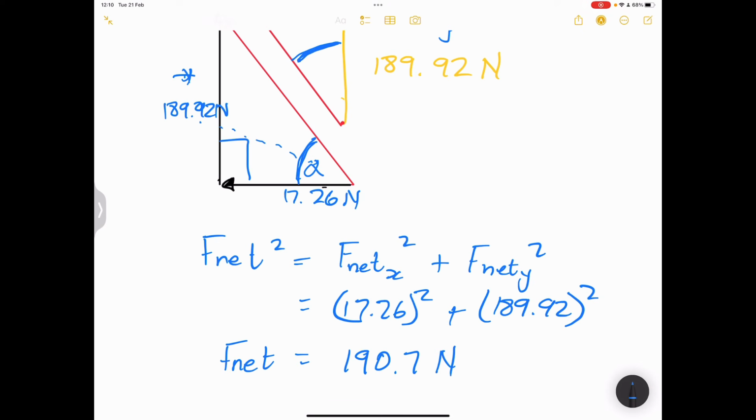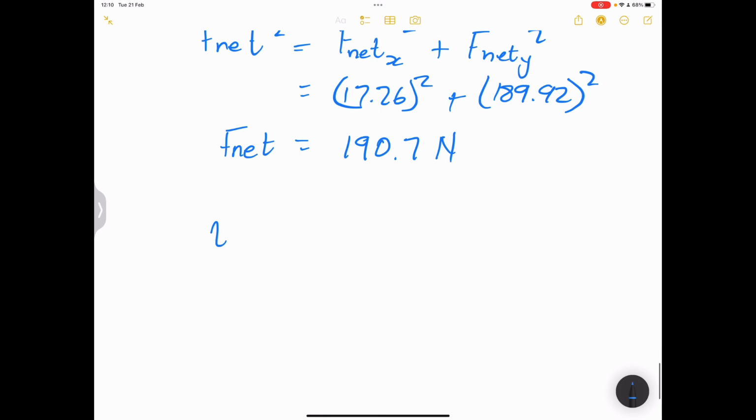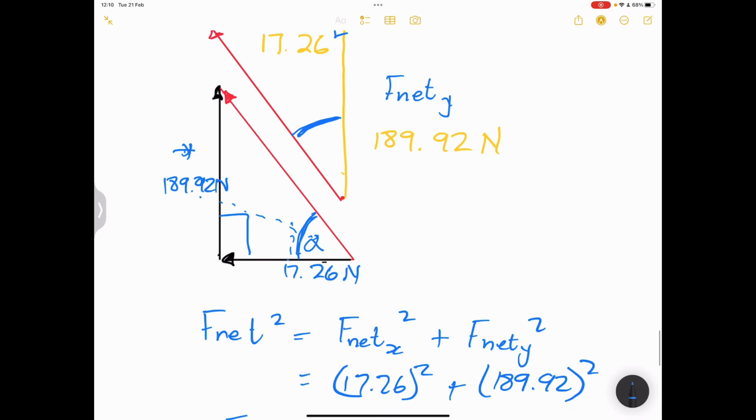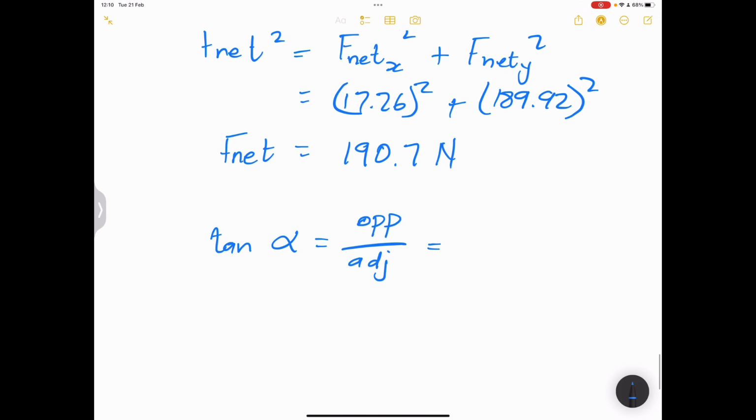That's going to be the opposite side, and that's the adjacent side, so I'm going to use tan. The tan of alpha will be opposite over adjacent. What is our opposite side? It's our Y component, which is 189.92. So that's going to be F net Y over F net X.